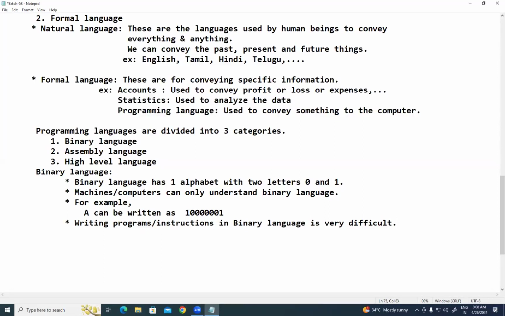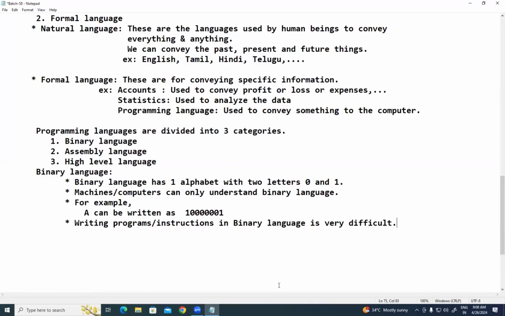But computers can only understand which language, folks? Binary language. Really, a computer cannot understand Java. A computer cannot understand Python, C#, Ruby, or C and C++.